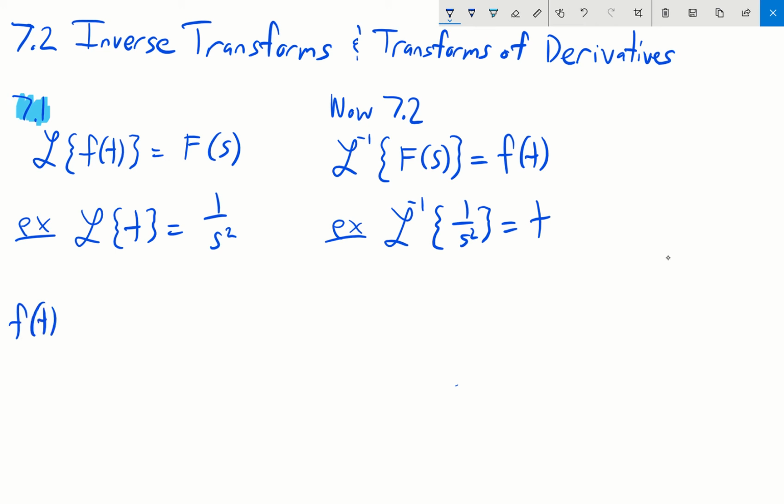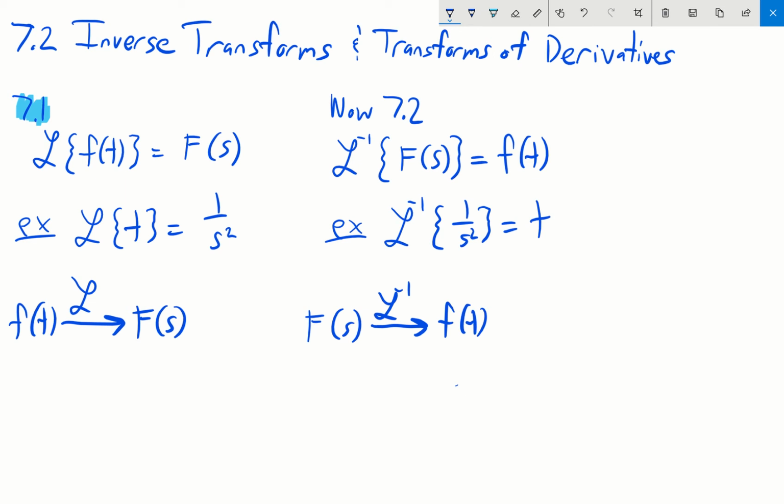Remember, what did the Laplace operator do? It gave us a function f of t as its input, and it spit out a function F of s. Well, the inverse Laplace transform is going to start with the function F of s, and it's going to return to us that original function f of t.